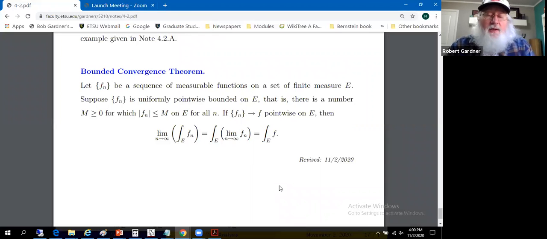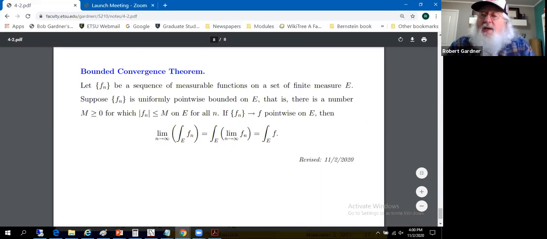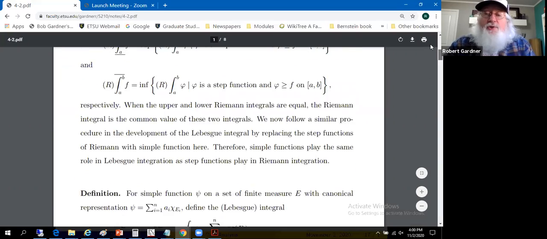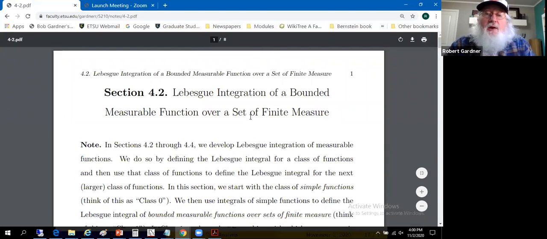All right, so that was a bunch of stuff, but that takes care of section 4.2. It takes care of class 0 of functions, simple functions, and it takes care of class 1 of functions, bounded measurable functions on sets of finite measure. What we'll do next is non-negative functions.